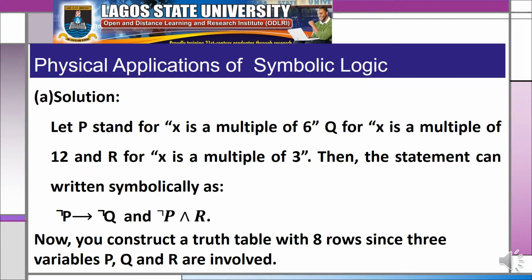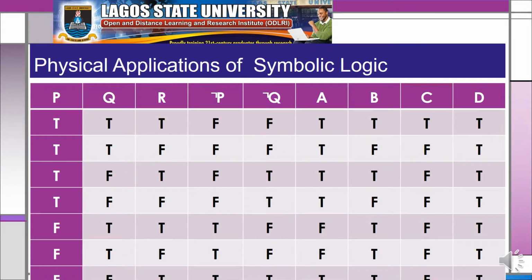Now you consult a truth table with 8 rows, since there are 3 variables P, Q, and R involved. That is 2 raised to power n when n is equal to 3. That gives you 8. The table is constructed as shown.